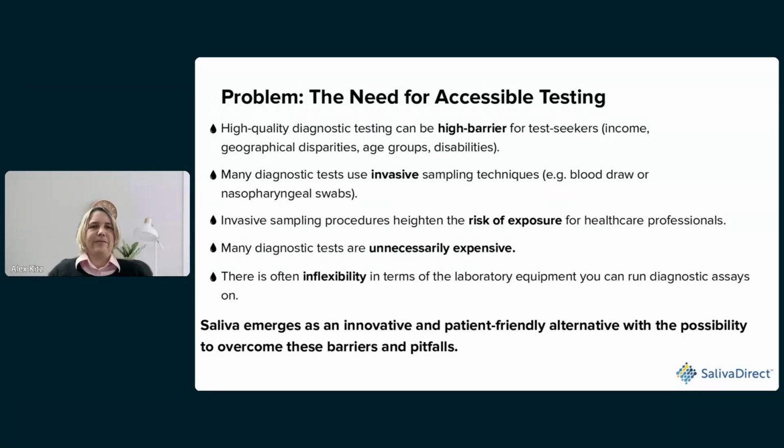These invasive sampling procedures heighten the risk of exposure to the healthcare professionals, and also based on the sample type and how it's obtained, many diagnostic tests are still unnecessarily expensive and often linked to inflexibility in terms of what kind of laboratory equipment can run the diagnostic assay. Saliva over the last couple of years, however, has emerged as an innovative and patient-friendly alternative with the possibility to overcome some, if not all, of these barriers and pitfalls.